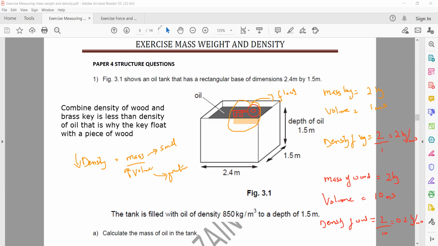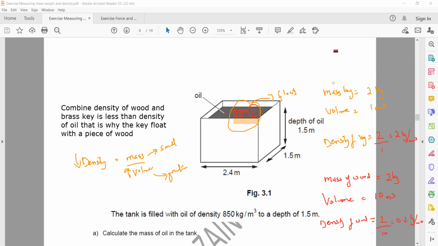But if we are finding the combined density of the wood and the key, how do we find the combined density? That is the combined mass divided by the combined volume. The mass of the key is 2 and the mass of the wood is also 2, so 2 plus 2 is 4.